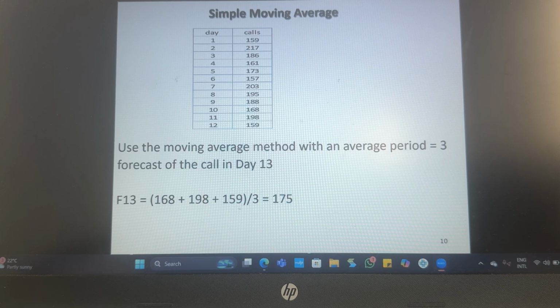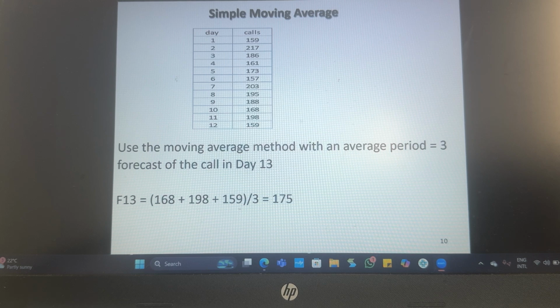Use the 3 period moving average technique to forecast the number of calls on day 13. How can you do it? If it is 3 period, you take the latest 3 periods of data, starting from days 10, 11 and 12.